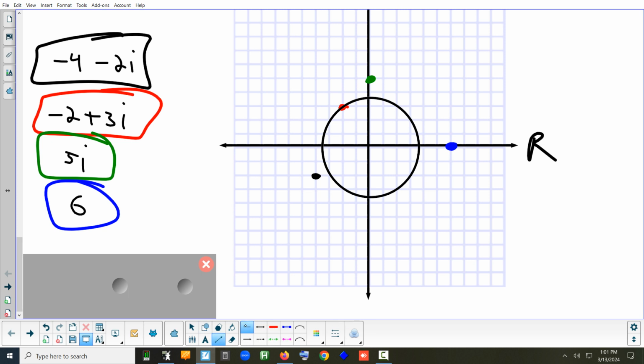What would you call this distance? Yeah, radius. It's the radius. Well, now, let's say you wanted to measure from here to there. What would you use to measure that? It's like an amount of rotation.